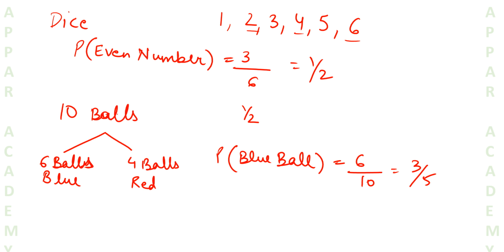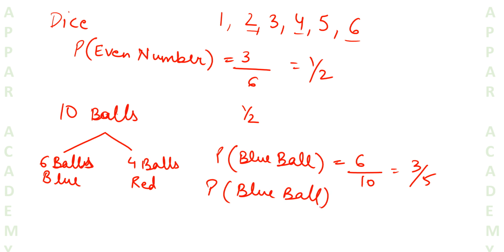Now this was my first trial, where I asked the probability of getting a blue ball. Now I took out a ball, and let's suppose that turned out to be blue or maybe red. It can be any color. Now I'm replacing this ball back into the bucket. So I'm putting the ball that I picked up in my first trial back into the bucket. In my second trial, what will be the probability of getting a blue ball again?